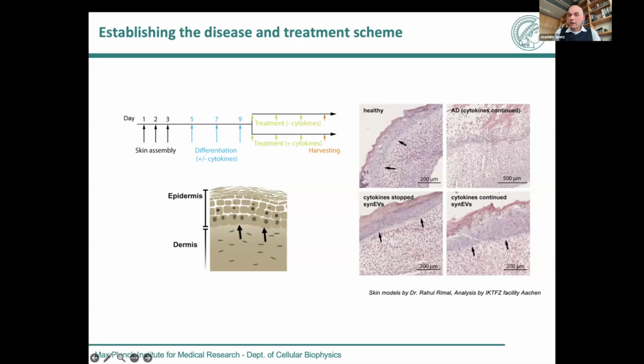And even if you keep on adding cytokines, the synthetic extracellular vesicles are overcoming this immune response. And at least in the skin model, it seems to be a reasonable way to treat atopic dermatitis, to calm down the immune system.